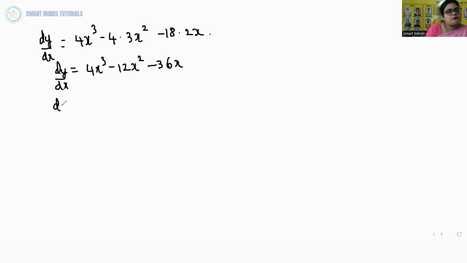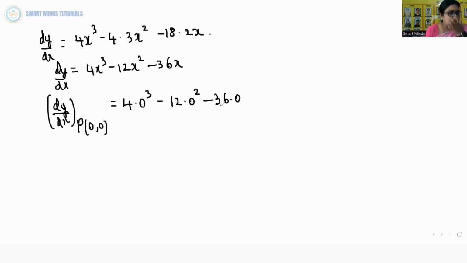So if I substitute dy by dx at some point P, that is origin. So 4 into 0 cube minus 12 into 0 square minus 36 into 0. Everything is 0, so dy by dx at point P will become 0. Now we will take this as equation number 3.